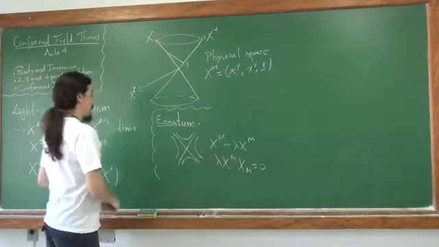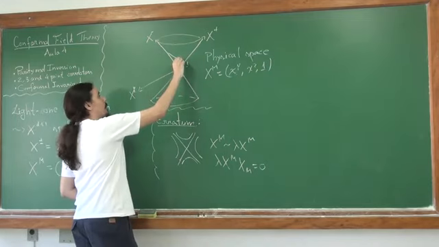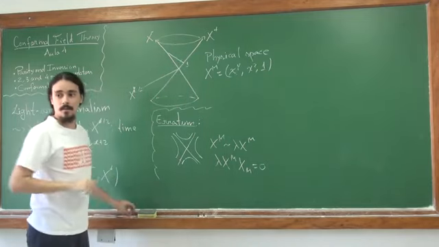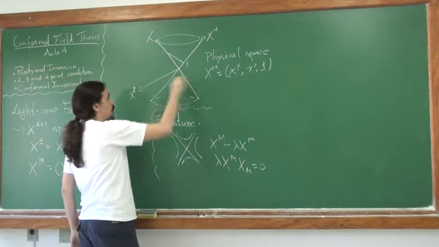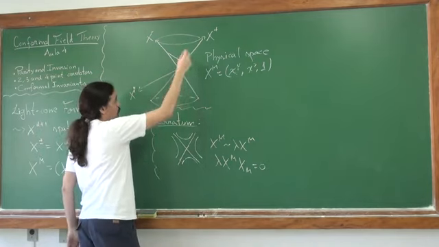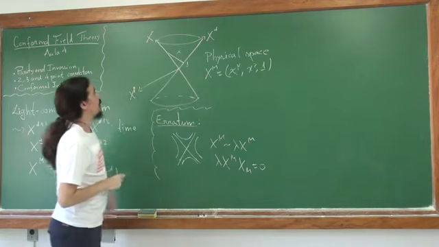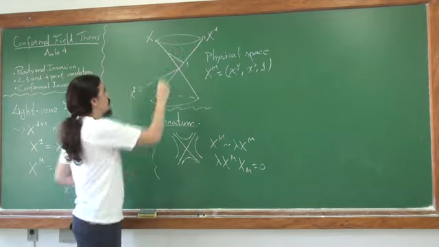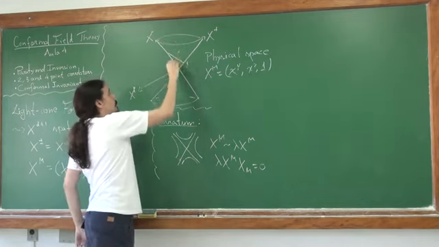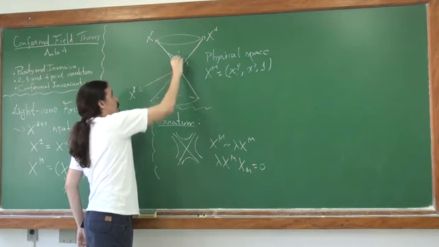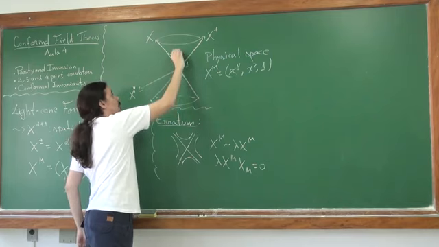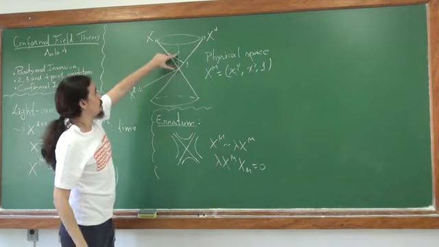So if I start with a point here on this section, which I'm calling physical space, and I do a rotation or a transformation, then I'll escape the section, so to speak. But wherever the point I find myself, there is a light ray from the origin passing along this point.